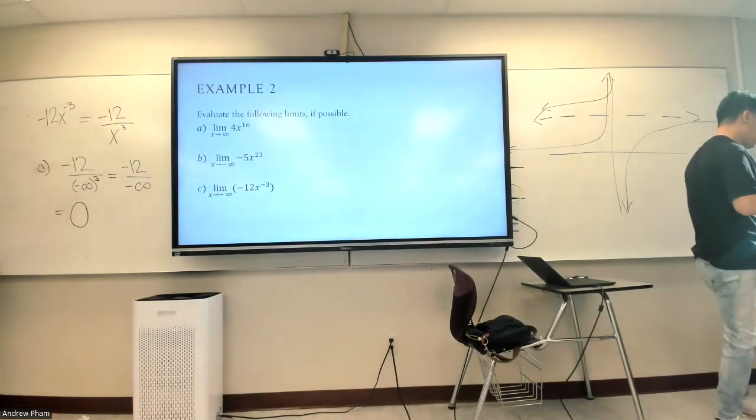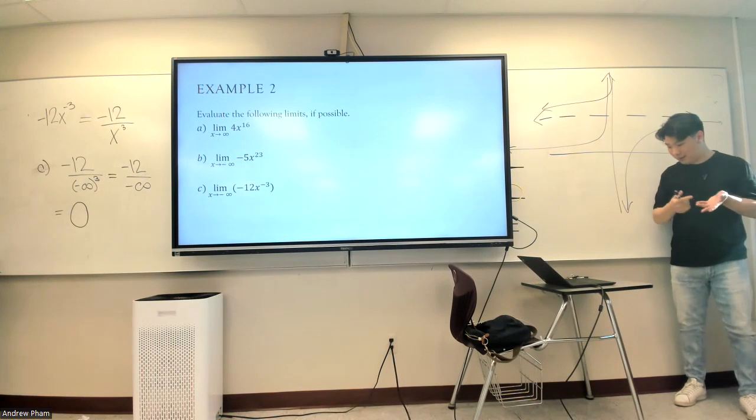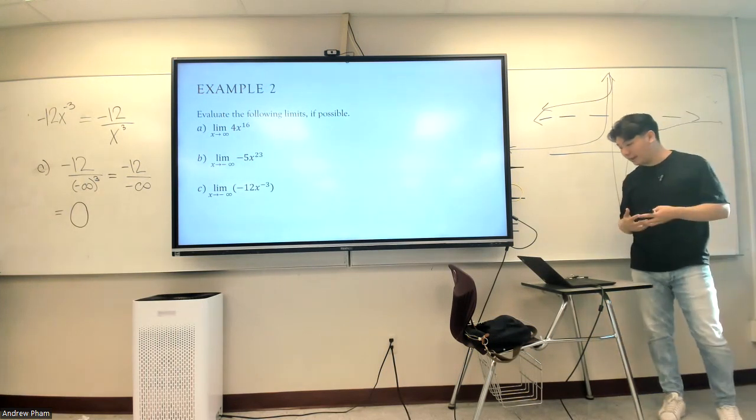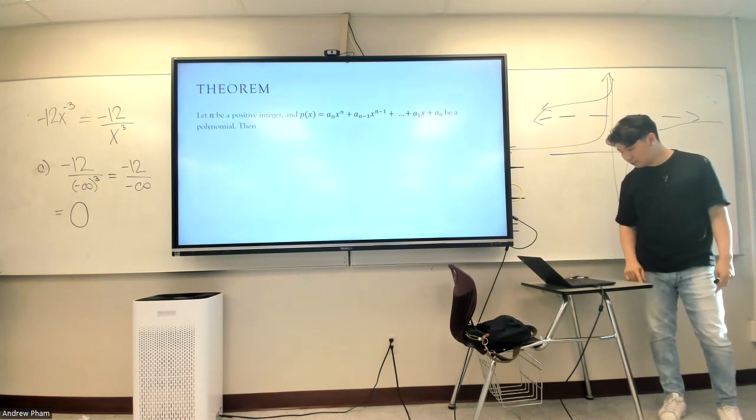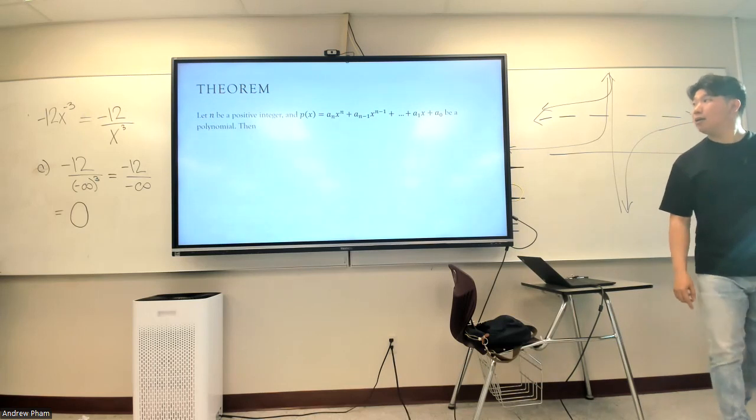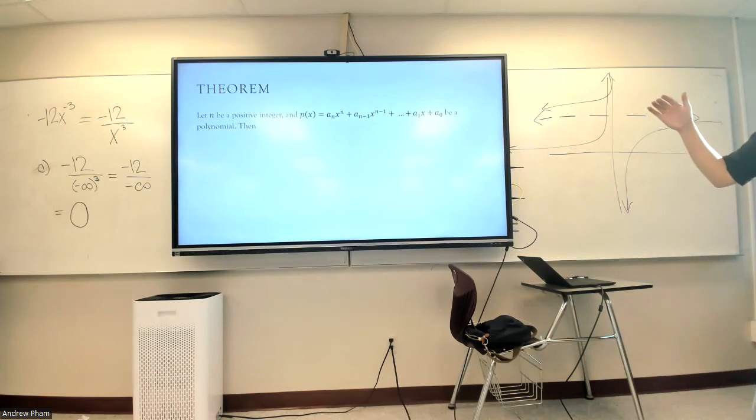All right, so this was our example 2. Now I'm going to go ahead and just generalize what we just said. These are a couple of theorems. Again, don't get too caught up in the notation that's going to show up on the board. Suppose what I have here is a polynomial. I think we talked about this last time.